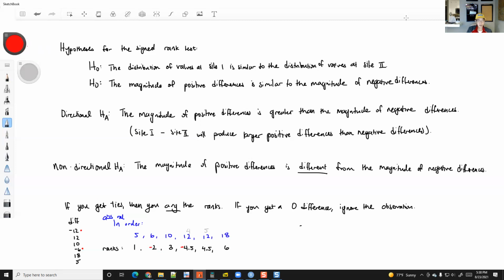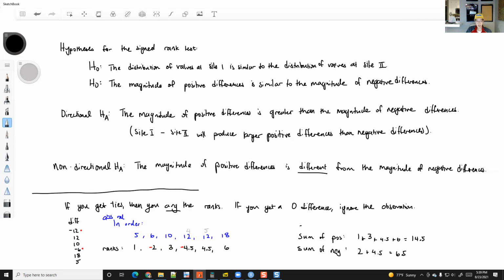And then the sum of the positives would be 1 plus 3 plus 4.5 plus 6. And then the sum of the negatives would be 2 plus 4.5. All right, if that makes sense.